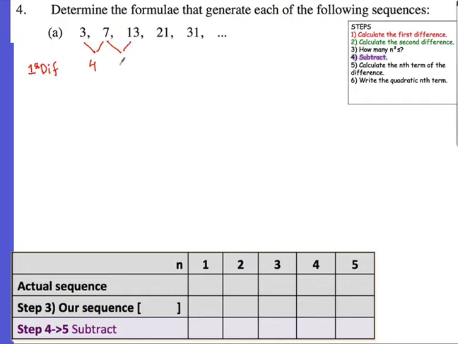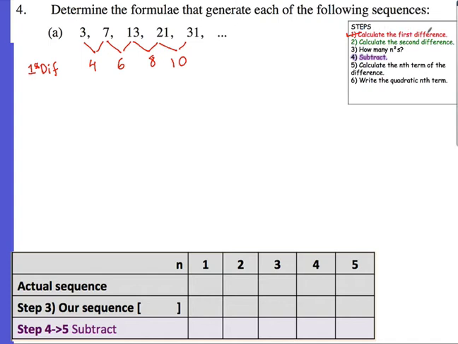And second diff is 6. Yep, so there is a change in the first difference, so this is probably a quadratic. The second difference is 8, so it's going up by 8. The third difference is 10. Check your steps for a quadratic.